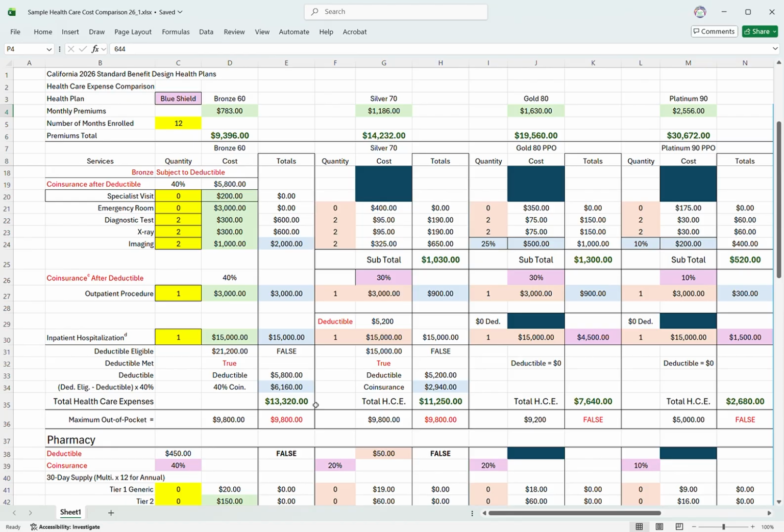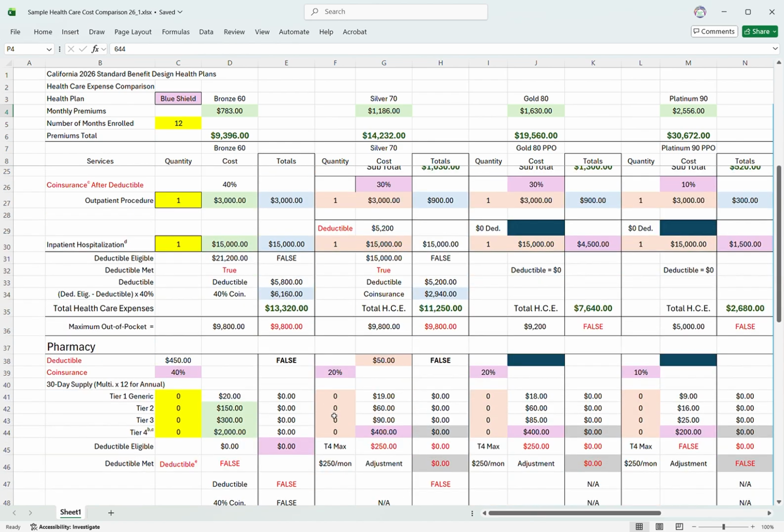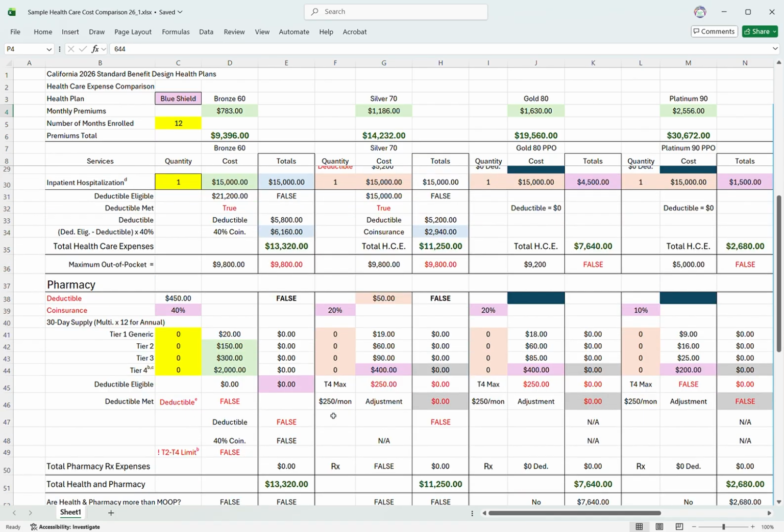But the individual had met the maximum out of pocket of $9,800, so that is the maximum liability for healthcare services. Then we go down to the pharmacy.